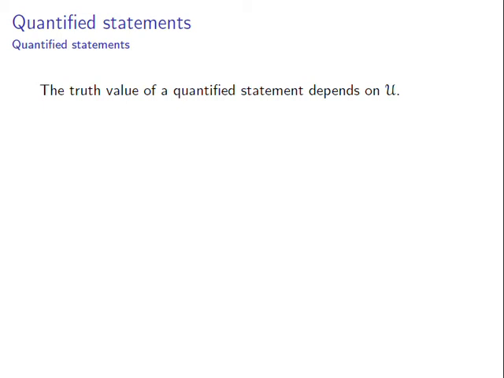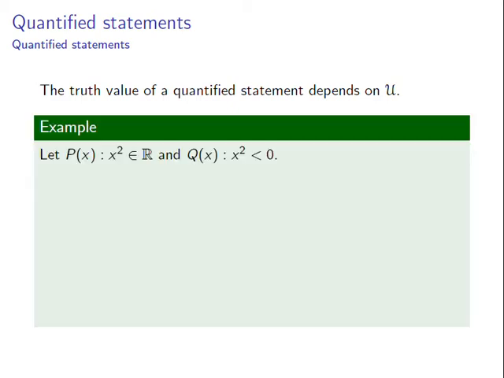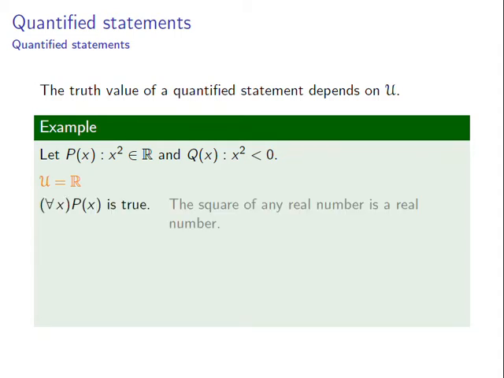Note that the truth value of a quantified statement depends on the universal set U. For example, let P of x be the sentence x squared is a real number, and let Q of x be the sentence x squared is less than 0. When the universal set is the set of real numbers, the sentence for any x, P of x, which is the same as the square of any real number is a real number, is true.